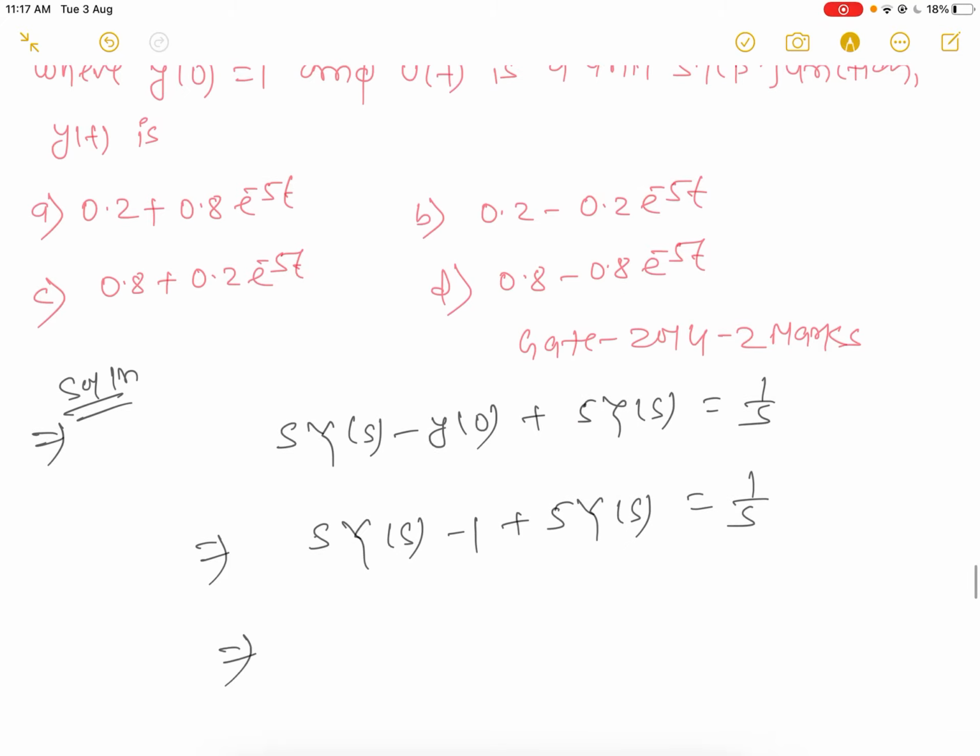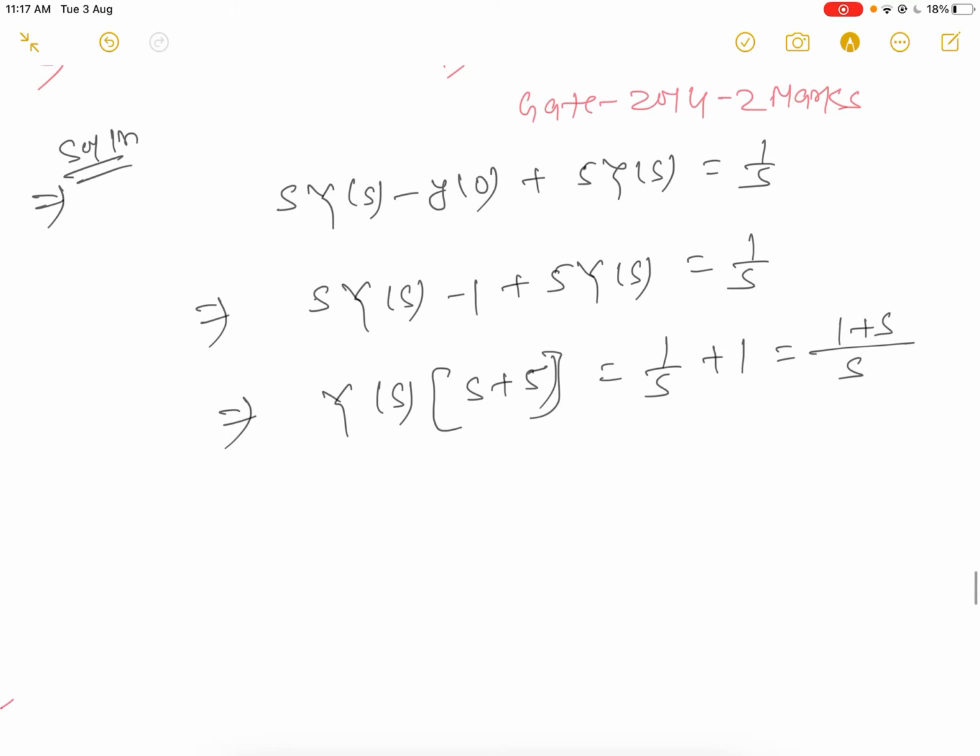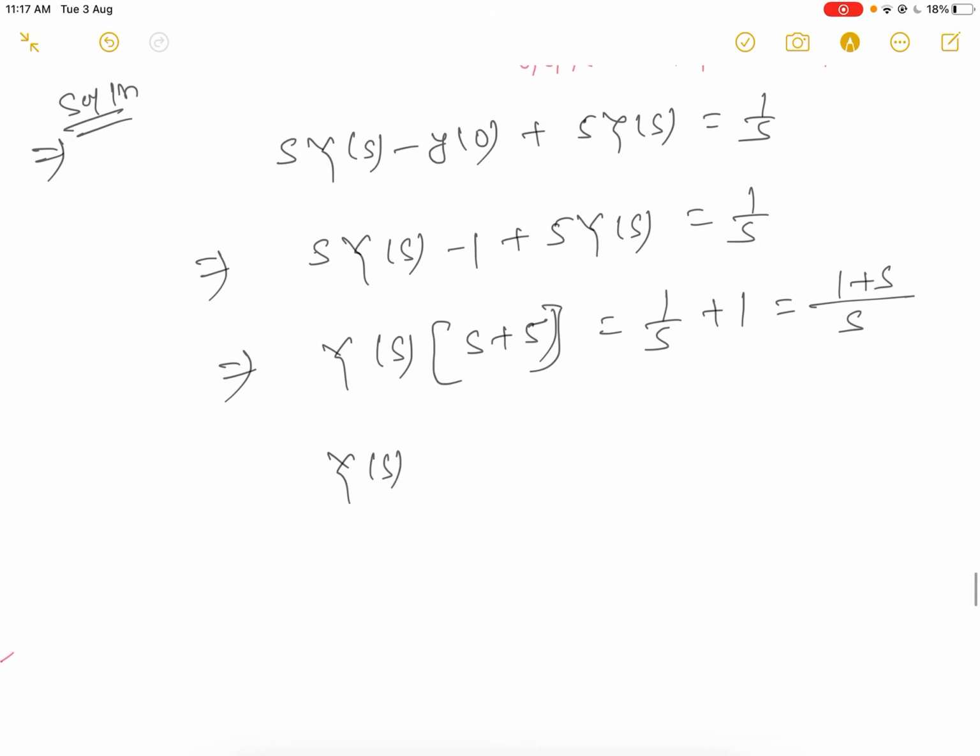Then take Y(s) common: (s plus 5) and 1 by s plus 1, so (1 plus s) by s. So Y(s) is equal to (1 plus s) upon s(s plus 5).